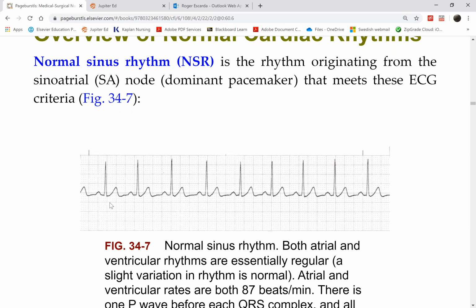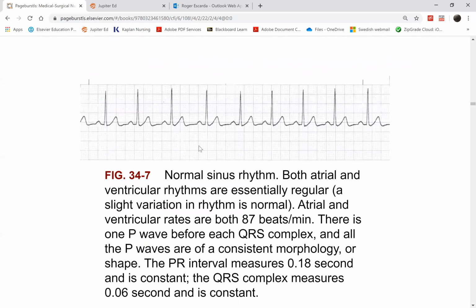The fastest way to do this particular strip, because it's regular, is to simply count from this 3 second marker here to this 3 second marker right here. So that's 6 seconds. I will count how many heartbeats there are inside here and then multiply it by 10. And voila, I have my estimated heart rate.